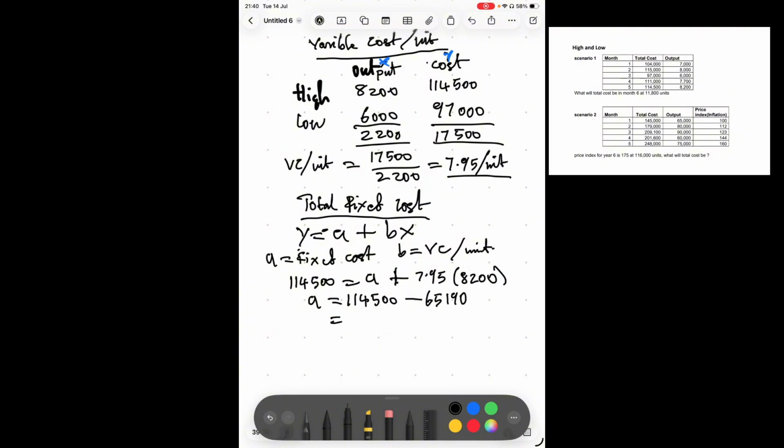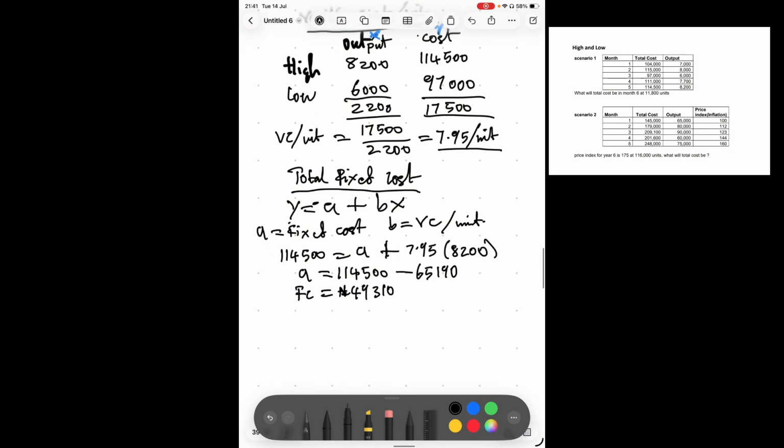Therefore a, which is our fixed cost, will now be 114,500 minus 65,190, which is 49,310. So the fixed cost is 49,310.